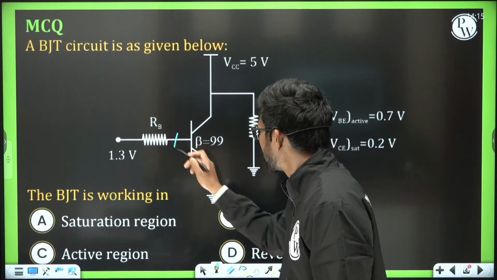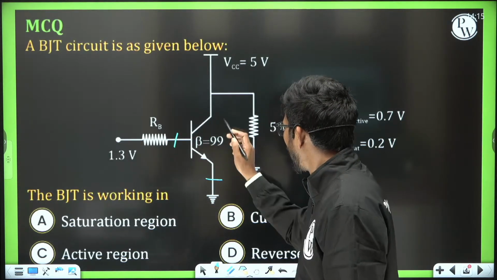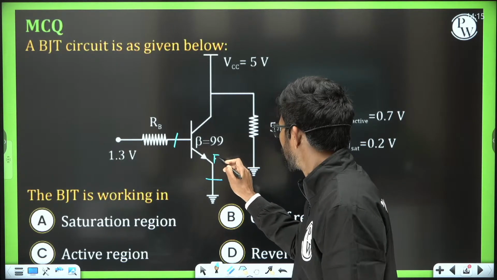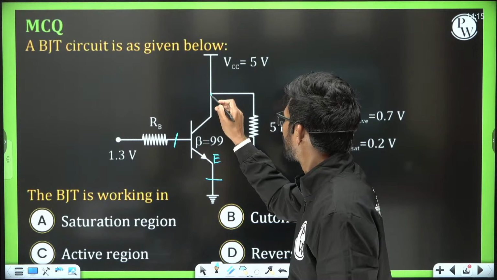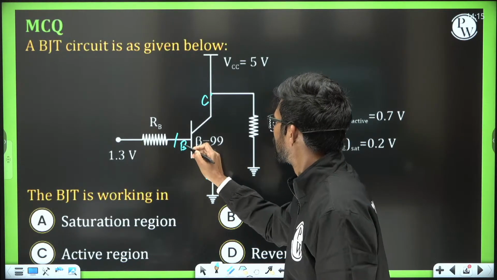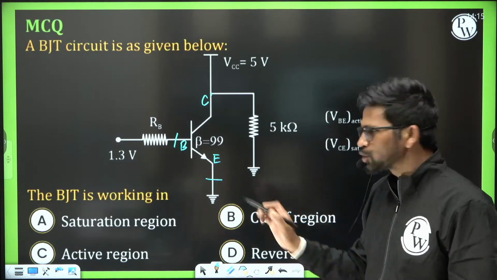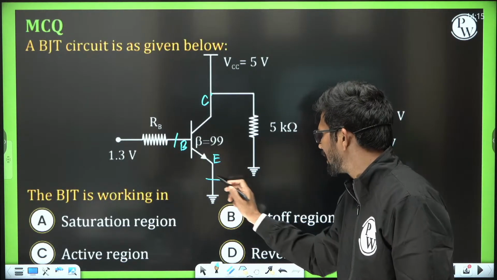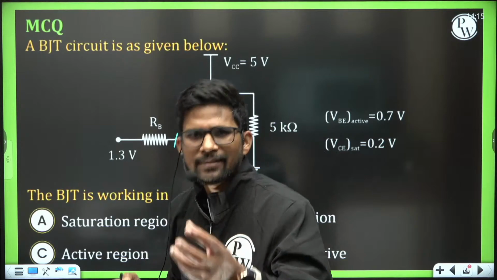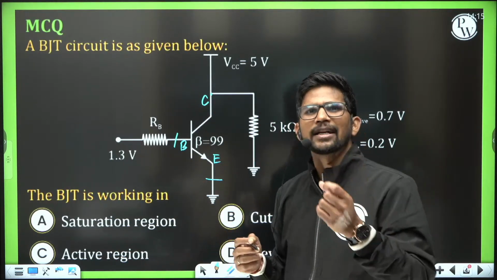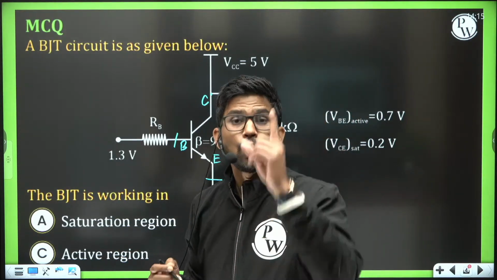So open circuit the base. This is an NPN transistor. This outward direction is the emitter, this is the collector, and this is the base. You just open circuit the base and emitter, and now try to find out the base and emitter voltages, and then find out the VBE voltage in open circuit condition.